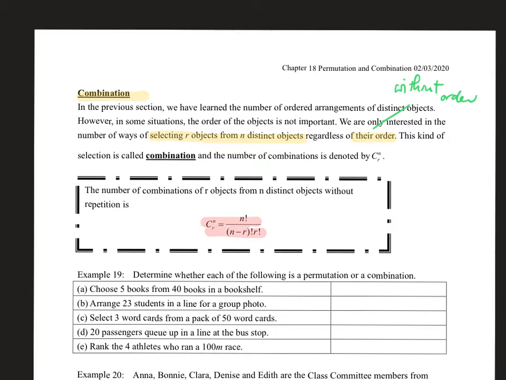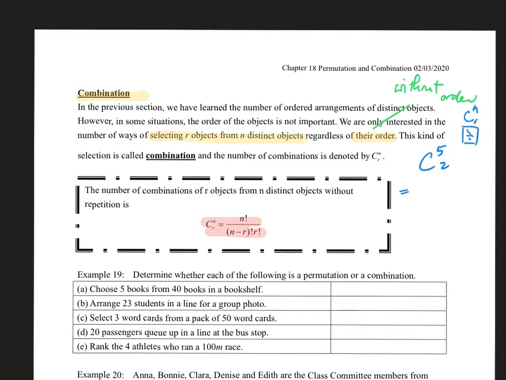It is very much like nPr, but there is one more item, r factorial, in the denominator, so you can make the comparison by yourselves. And once again, for nCr you can use a calculator to get the values instead of this definition. For example, if you want to find 5C2, you can use the shift division key.